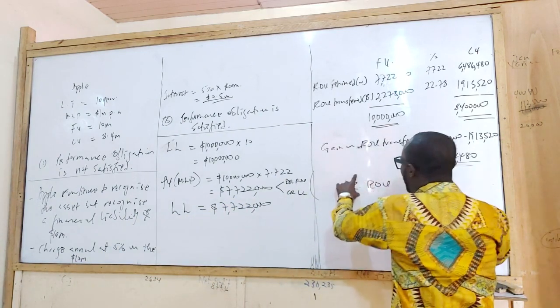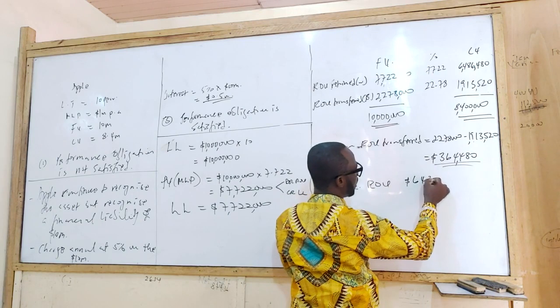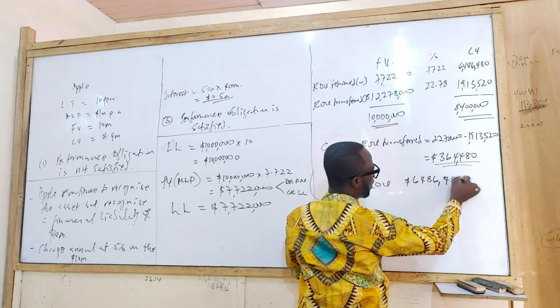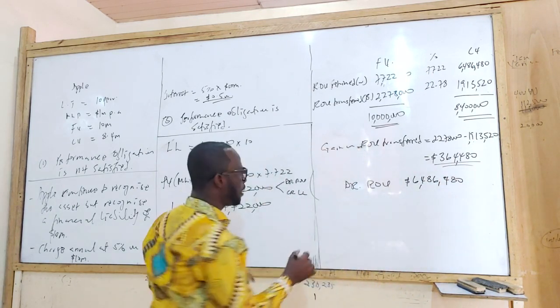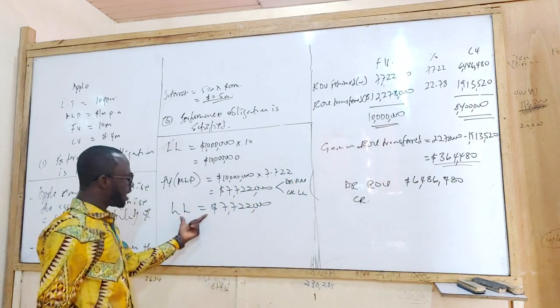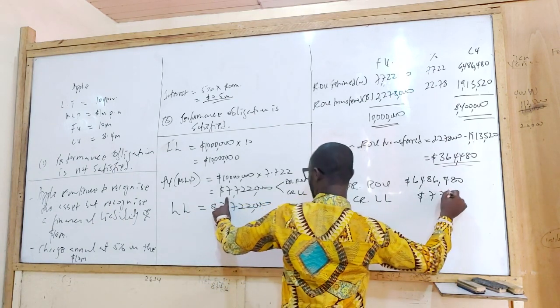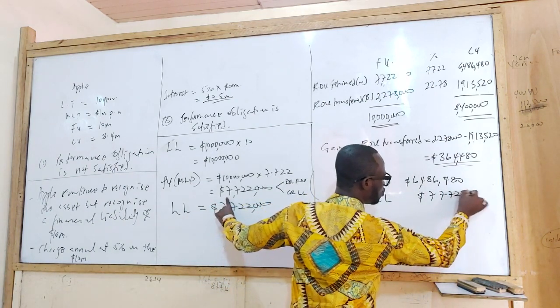So the right of use we're going to be debiting is this figure, 6,486,480. Then we credit the lease liability with still 7,722,000.